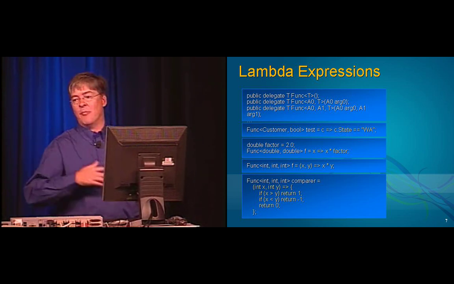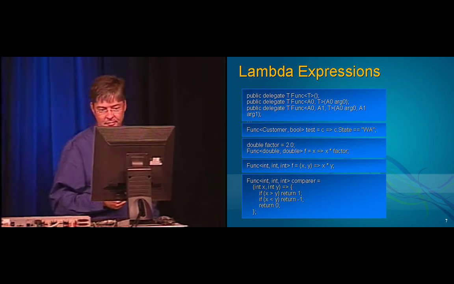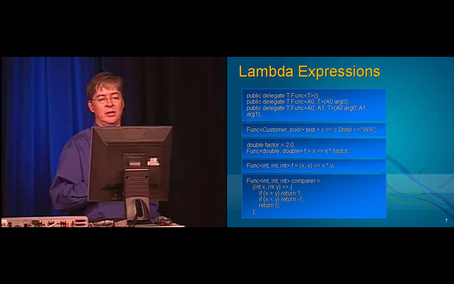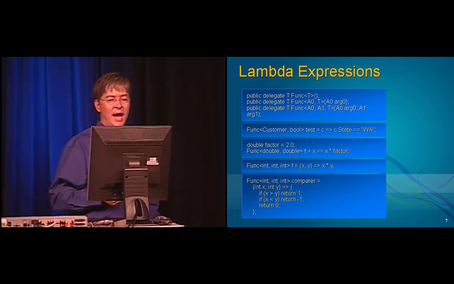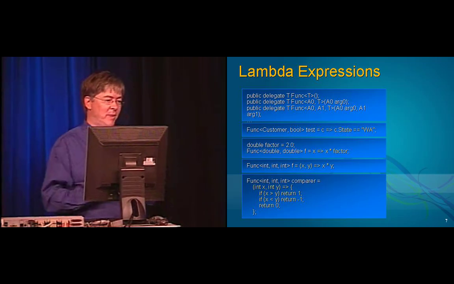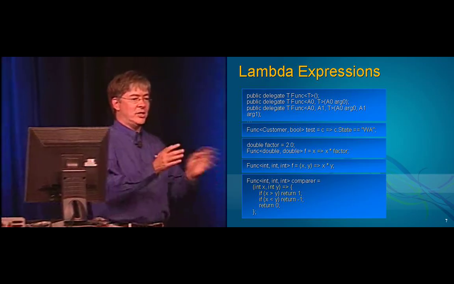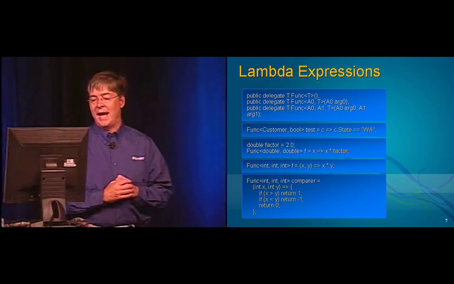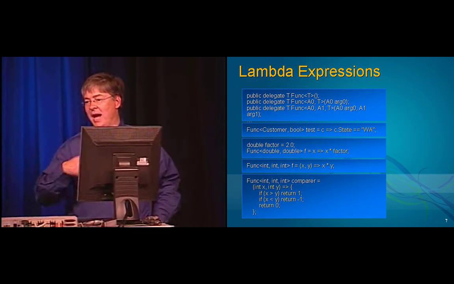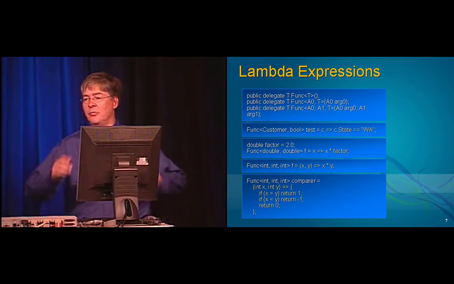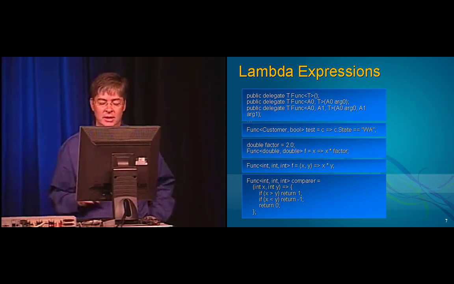Lambda expressions can have multiple parameters. So here I have a function taking 2 ints and returning an int. And now I'm writing a little anonymous method where I'm calling the 2 arguments x and y, and then I'm returning x times y. When a lambda has more than 1 argument, we put them in parens before the arrow.